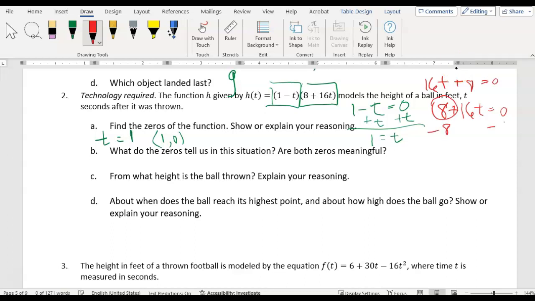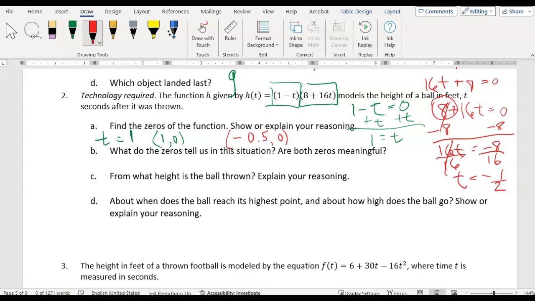So that's the first thing I want to get rid of, by subtracting 8 on both sides. We'll get 16t equals negative 8. Now some of you are quick to say, oh, that's 2, but be careful, we're dividing both sides by 16. So this is t equals negative 8 over 16, which is negative 1/2, or in decimal form, negative 0.5. So (negative 0.5, 0) is the other one.